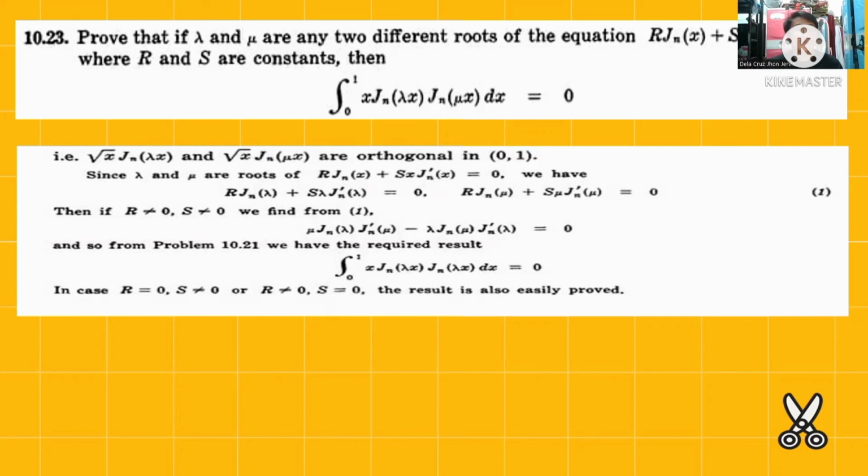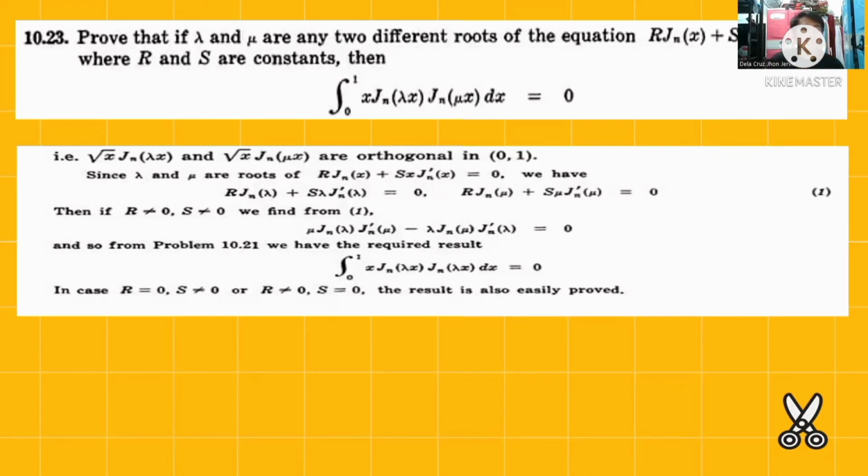Since lambda and mu are roots of r J sub n of x plus s x J sub n prime of x equals 0, we have r J sub n of lambda plus s lambda J sub n prime of lambda equals 0, and r J sub n of mu plus s mu J sub n prime of mu equals 0.